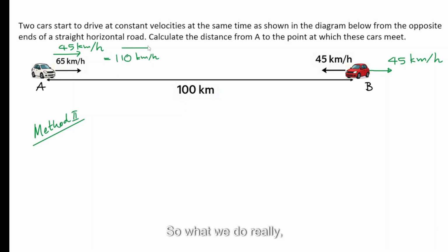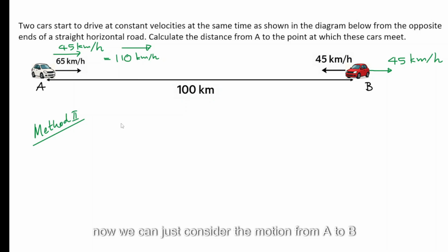So what we do really, instead of car A and B going towards each other to meet, you make car B still and you make car A move the full distance. It gives you the same effect. Similarly, we can make car A still by giving 65 to the left and give the same thing to the red car and make the red car go from B to A. That gives exactly the same answer.